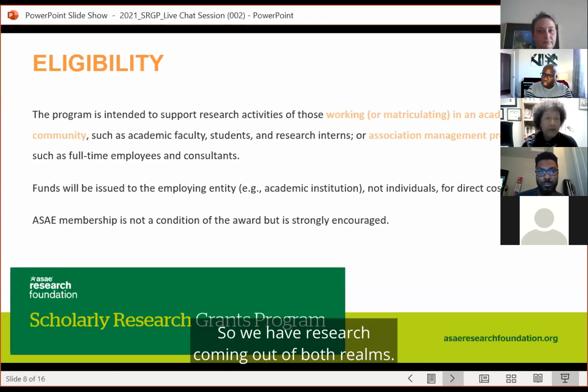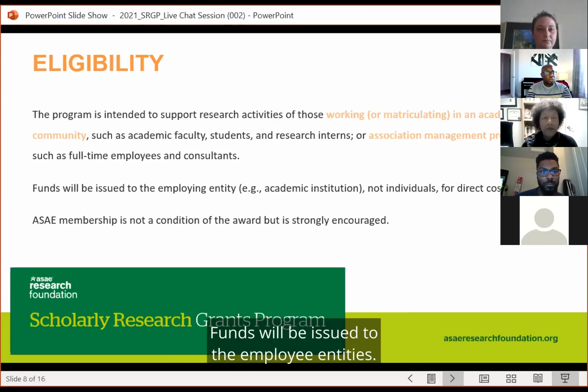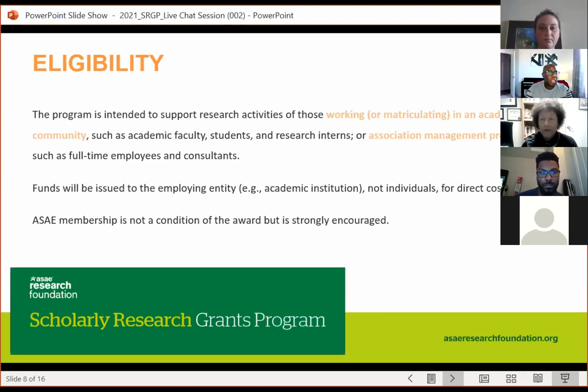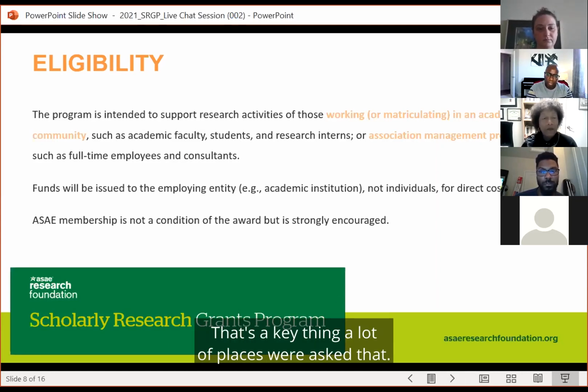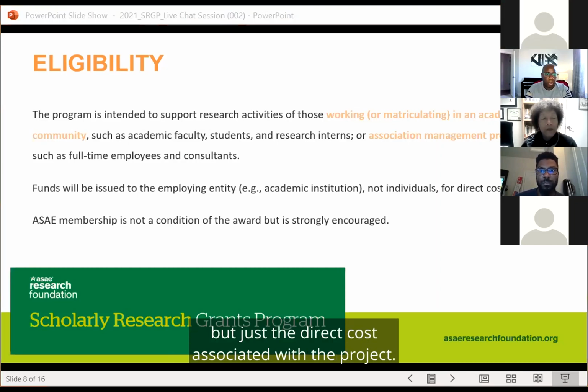So we have research coming out of both realms. Funds will be issued to the employing entities. We don't give these awards to individuals, but to the entity that they represent. And it's for direct costs only. We don't cover indirect costs. That's a key thing; a lot of places asked that. We cover just the direct costs associated with the project.